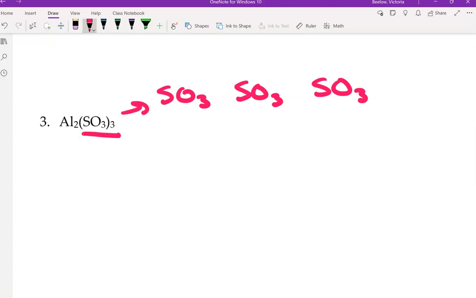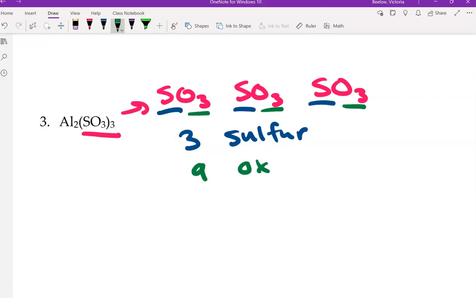So you can look at it like that. In total, you would have 3 of the sulfurs, but you would have a total of 3, 6, 9 oxygen. So you would have to do whatever the molar mass of sulfur is times 3, plus whatever the molar mass of oxygen is times 9, plus the molar mass of aluminum times 2.